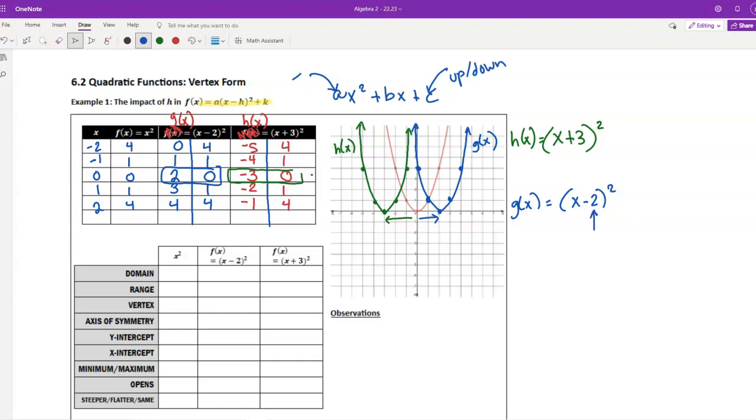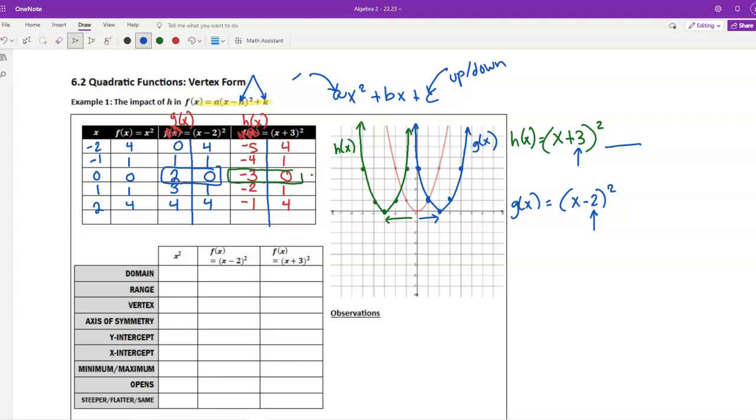For h of x, to get to 0, x needed to be negative 3. The opposite of 3 is negative 3, and notice that we're not adding anything onto here. This is where the vertex form comes from. Our vertex is these 2 values right here.